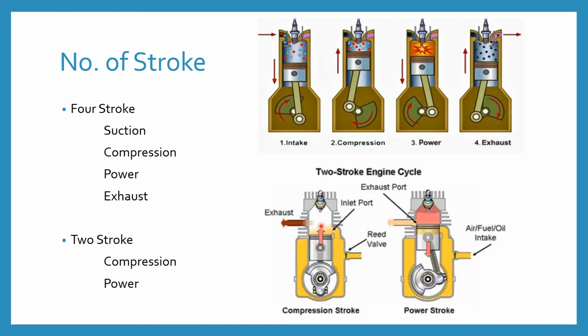When the piston moves downward, the air fuel mixture is passed through this port to the combustion chamber, and it is compressed. After that it starts the power stroke, and when it moves downwards, the exhaust gases come out. So this is known as a 2-stroke. Basically according to the stroke, the engine is divided into the 4-stroke engine and the 2-stroke engine.